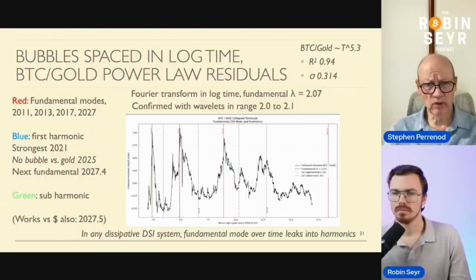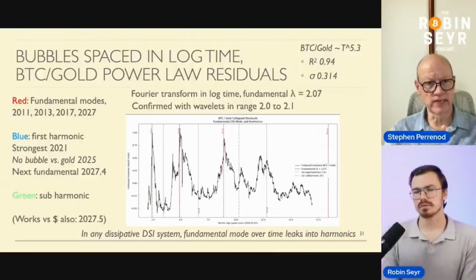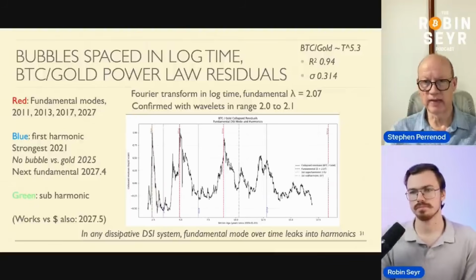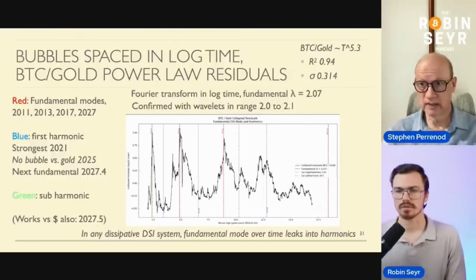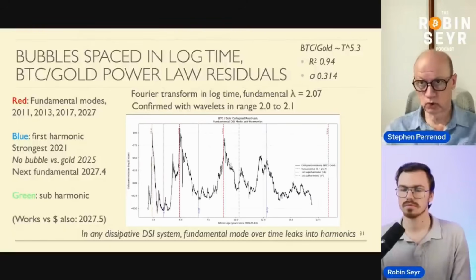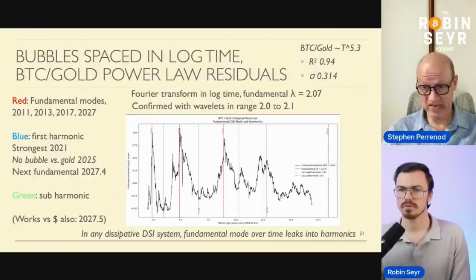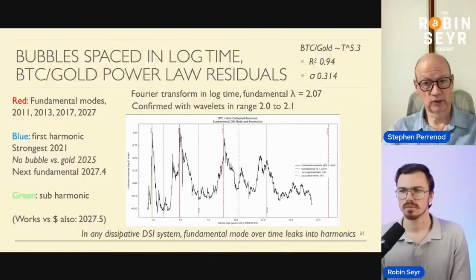You have some smaller little ones where the first harmonic kind of lines up, but they're not very meaningful. And then the subharmonic, there's a kind of small bubble around 2019 that sort of lines up with that. But the important result here is that the next red line is at age 18.4. And that's 2027 May. That's age 18.4 years.